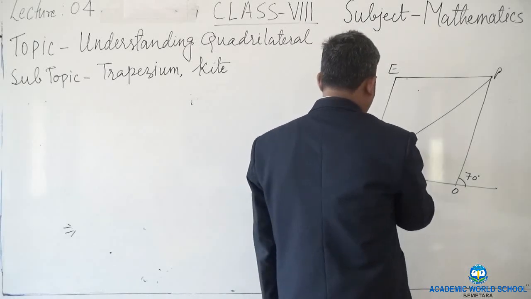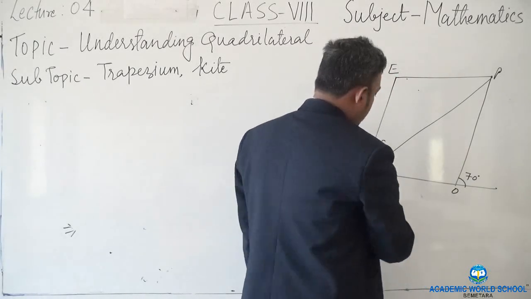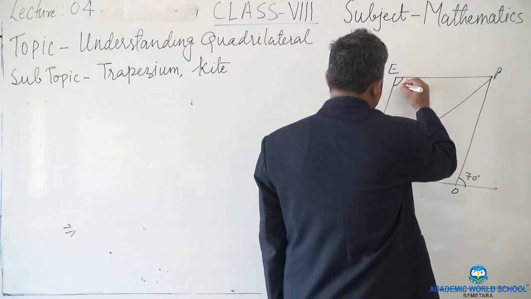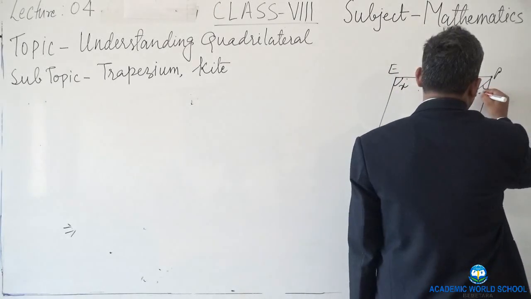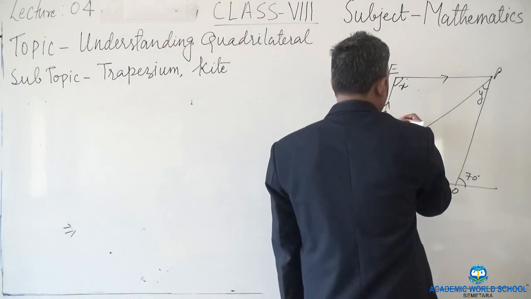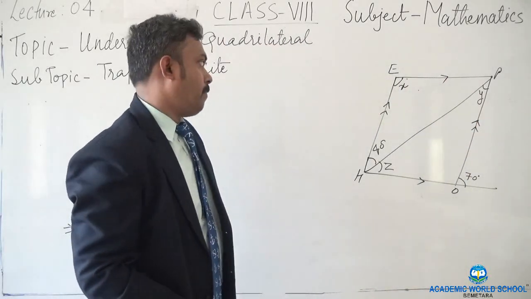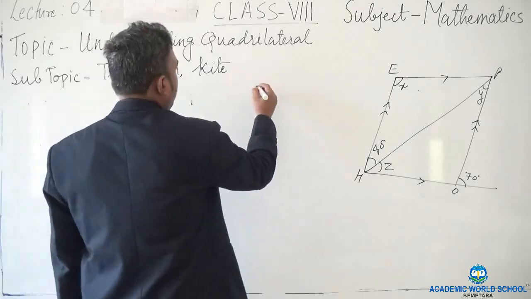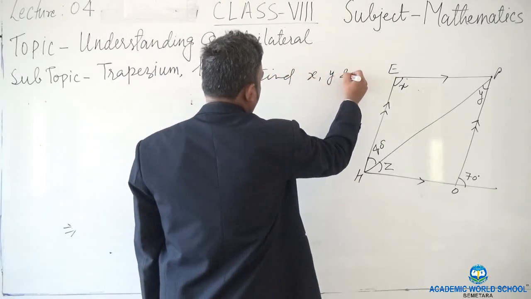This angle is given 40 degrees. This one is given Z, this one is X, and this one is Y. So here we have to find the value of X, Y, and Z.